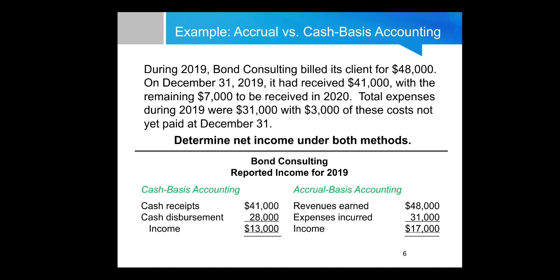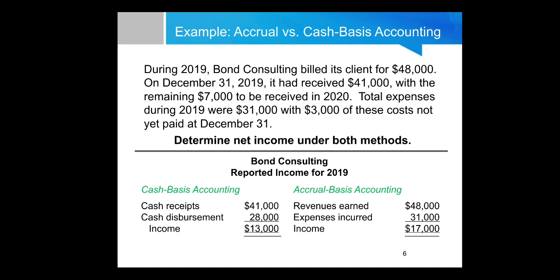On December 31st, 2019, it has received $41,000 cash, with the remaining 7,000 to be received in 2020. So from the 48,000 bills, the business only received $41,000 cash.